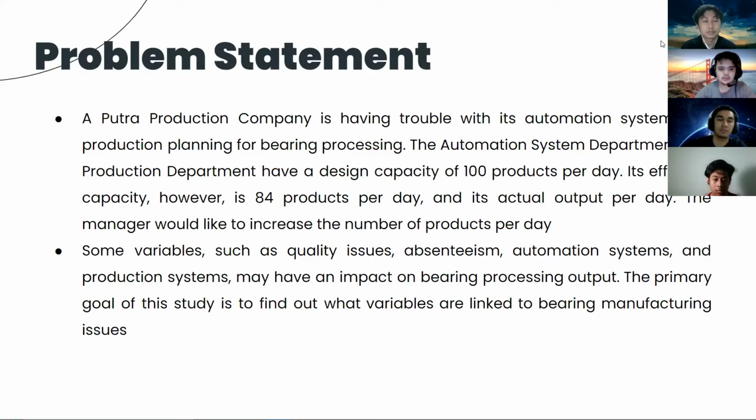Variables such as quality issues, absenteeism, automation system and production system may have an impact on processing output. The primary goal of the study is to find out what variables are linked to varying manufacturing issues.